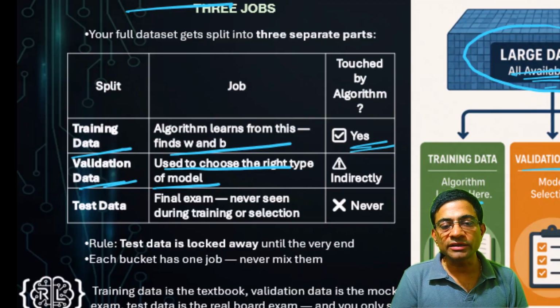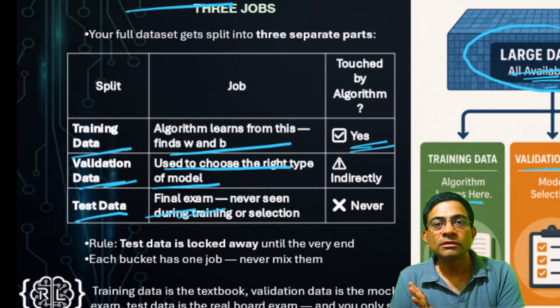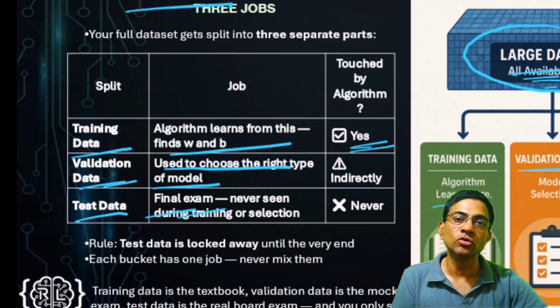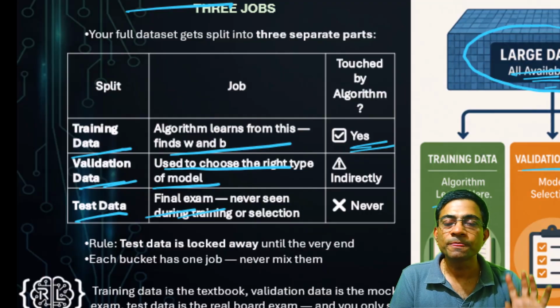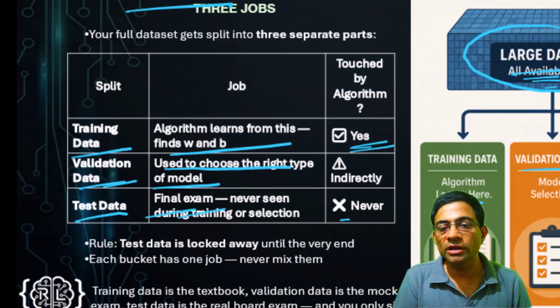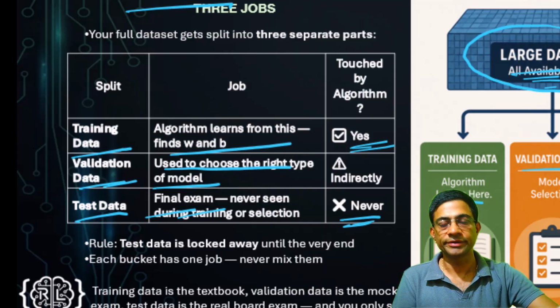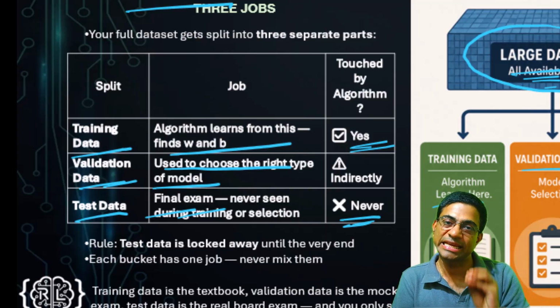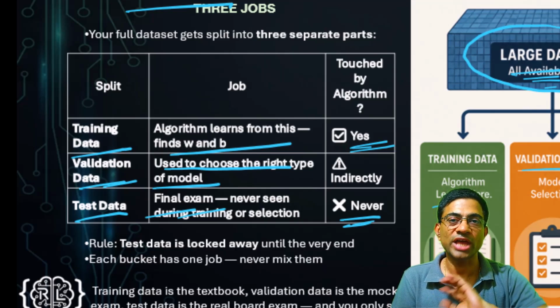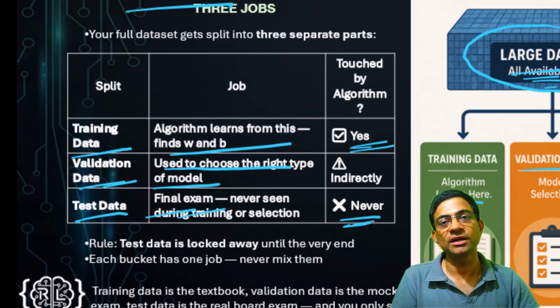And the final test data is the final exam. The models have never seen it during either the training session or the selection session. The test data is sacred. That is a secret run. Sacred and secret, both. The models never see the test data.